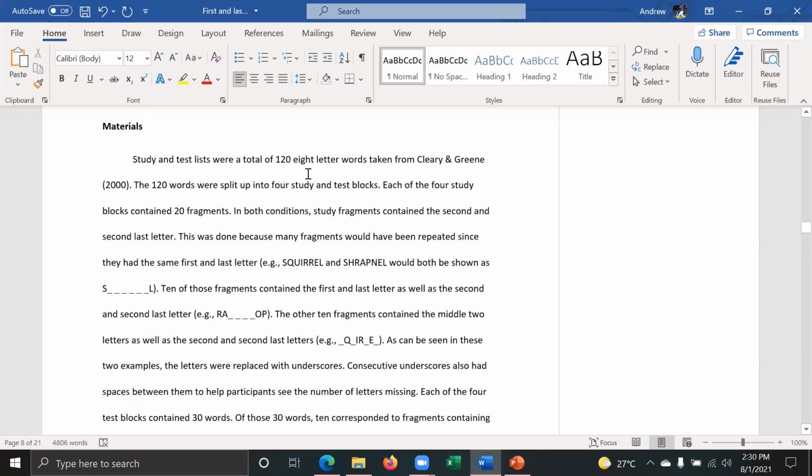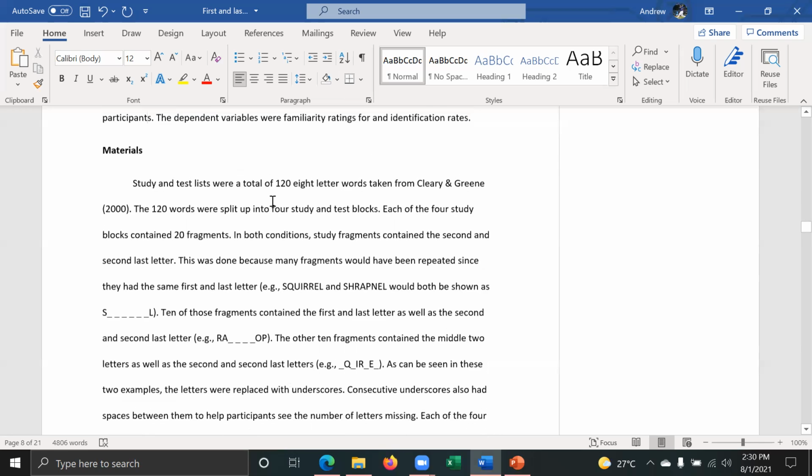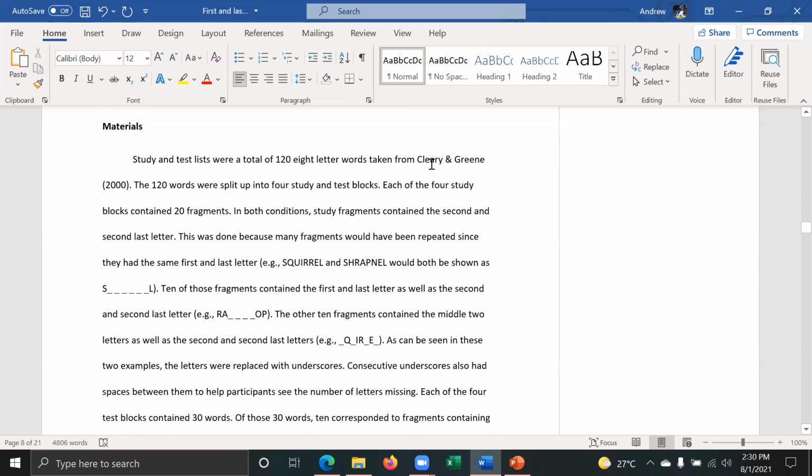If you're giving some sort of measure of depression level or well-being or extroversion, then you don't really need to do that, because you would instead say they were given this depression assessment. Notice how I say where I got the stimuli from: Clear and Green 2000.